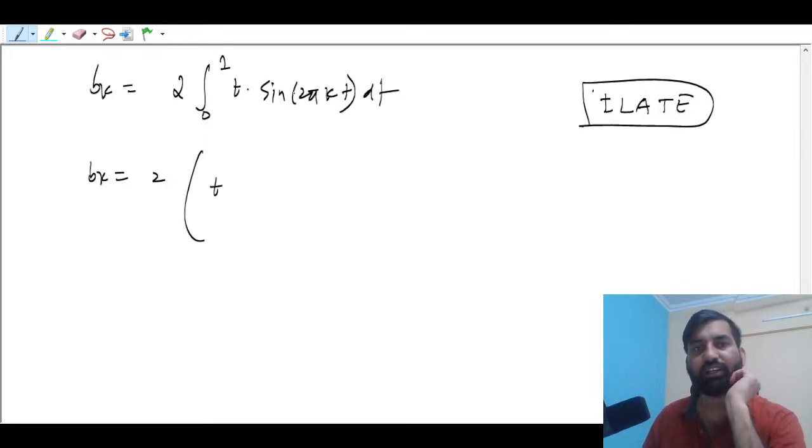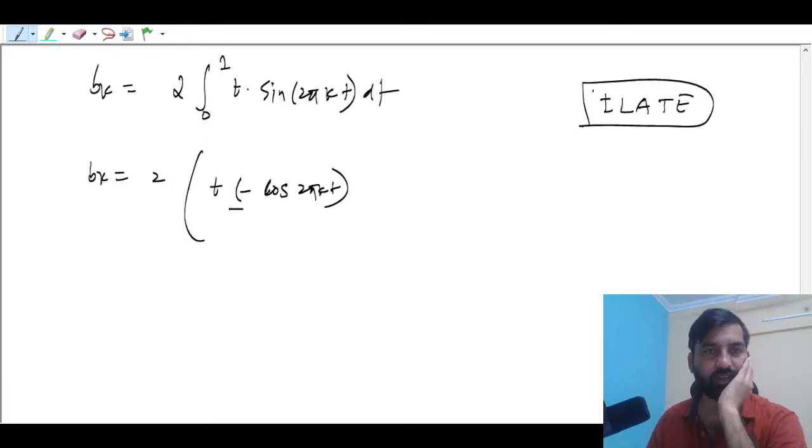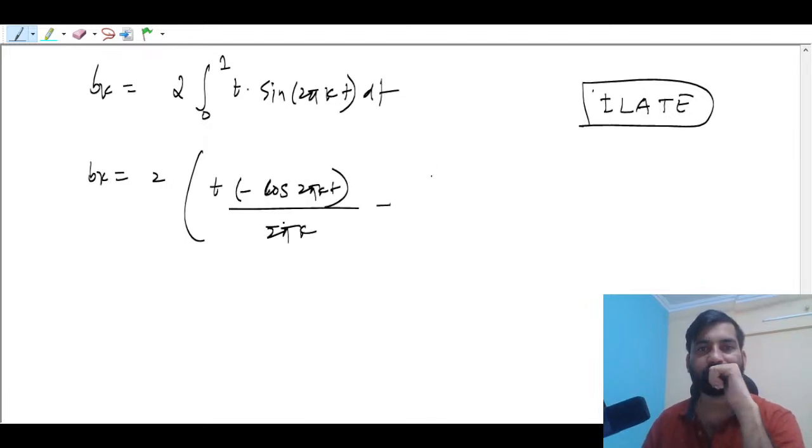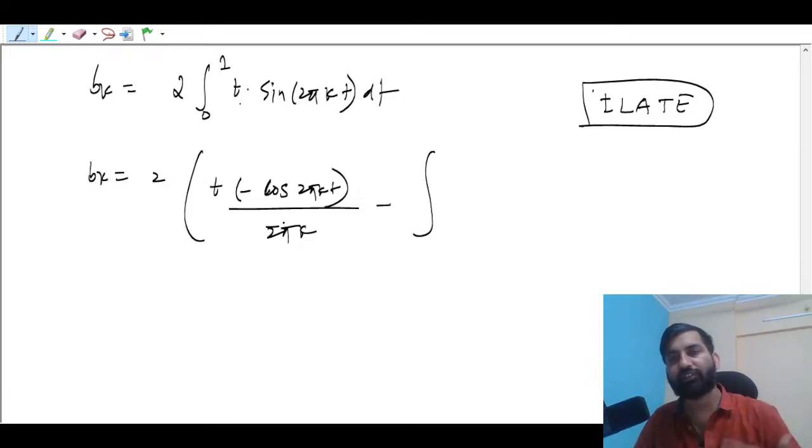Integrate the second function, that is nothing but minus of cosine 2 pi kt by 2 pi k, and then minus of the differentiation of the first function.